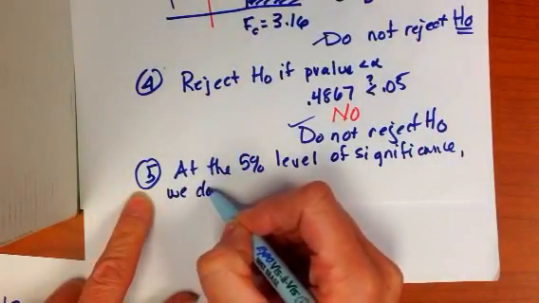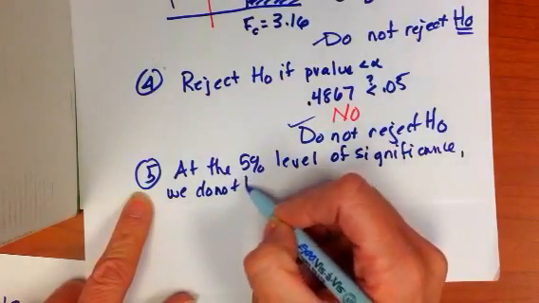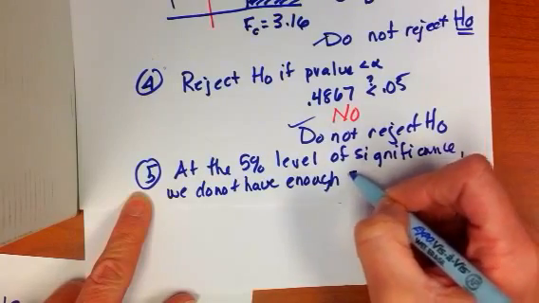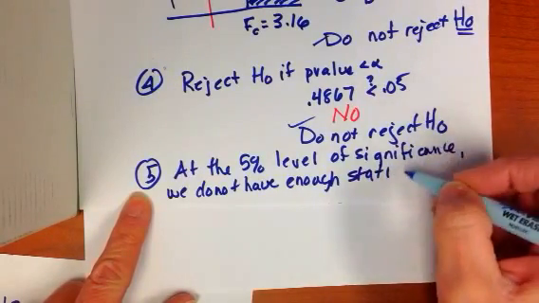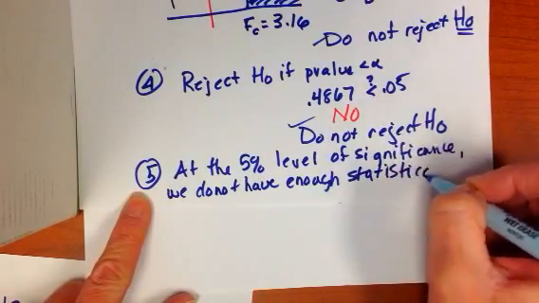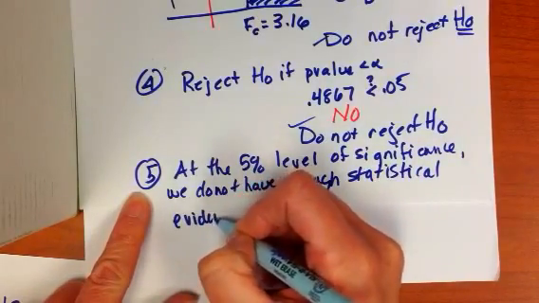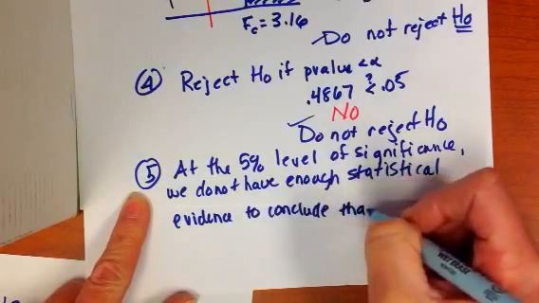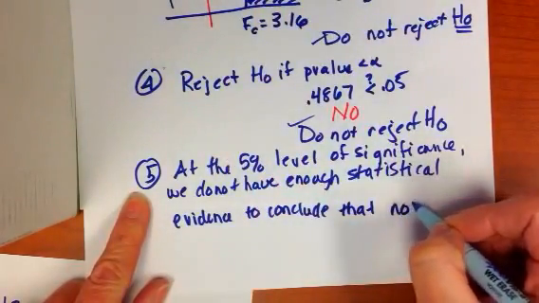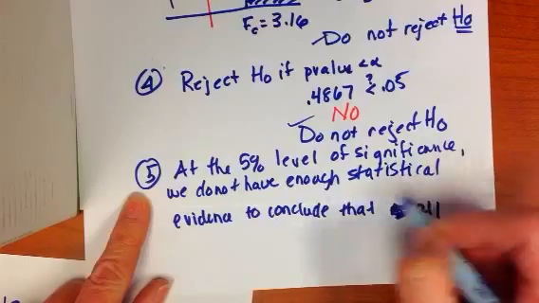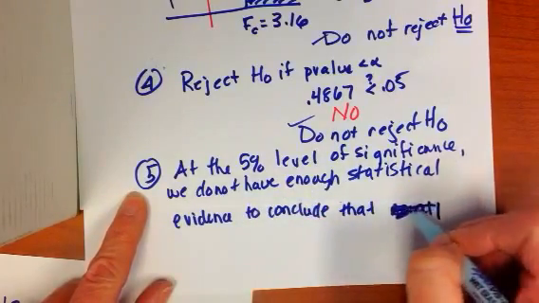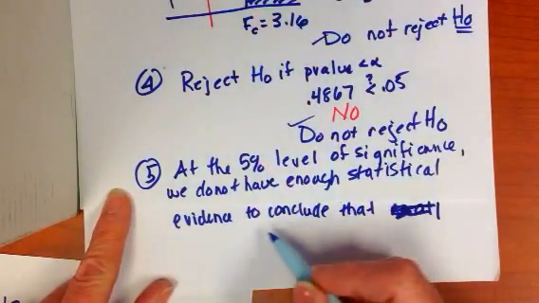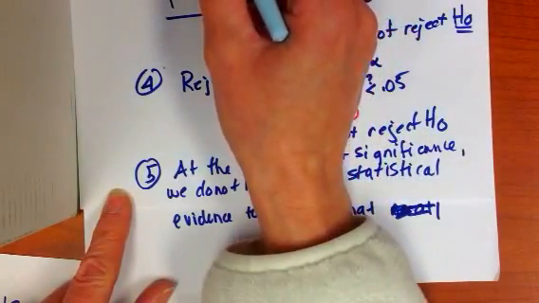Just like before, since we did not reject, we do not have enough statistical evidence to conclude that, well, we want to say the alternative: not all the means are equal.